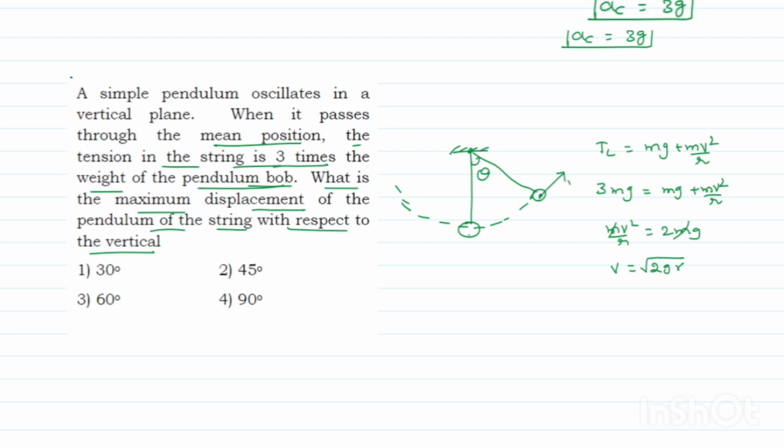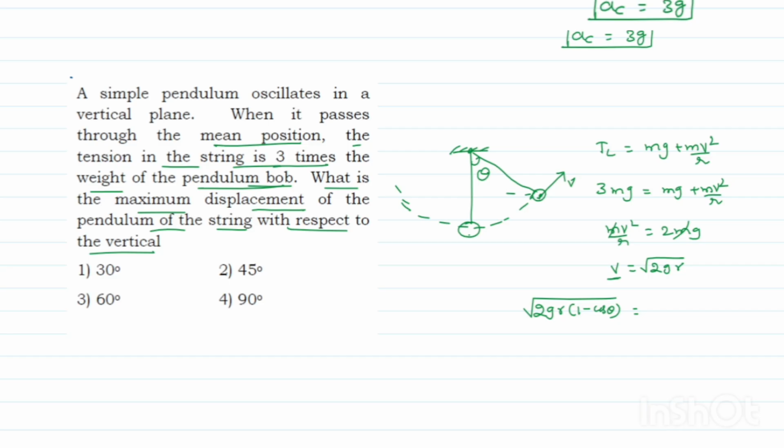So at this point the velocity will be along this direction. For the velocity at any point with a certain angle, again you have to apply the conservation of energy principle, students. The velocity at a particular displacement will be root of 2gr into (1 minus cos theta). So this is the formula for velocity at a particular displacement.